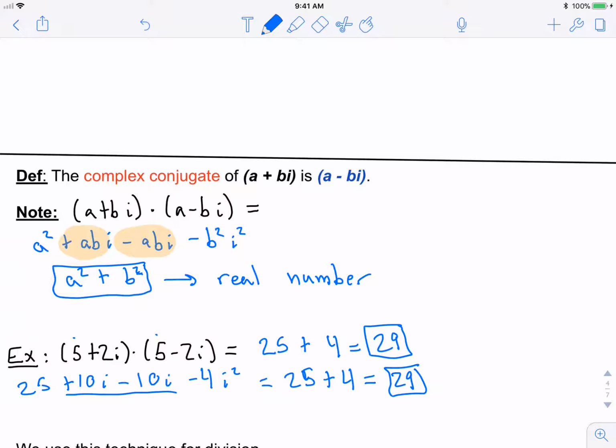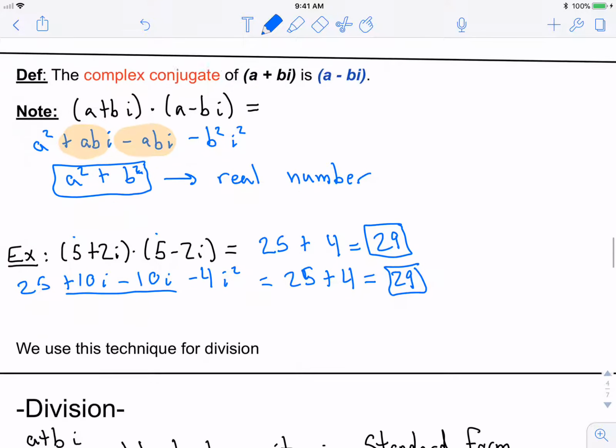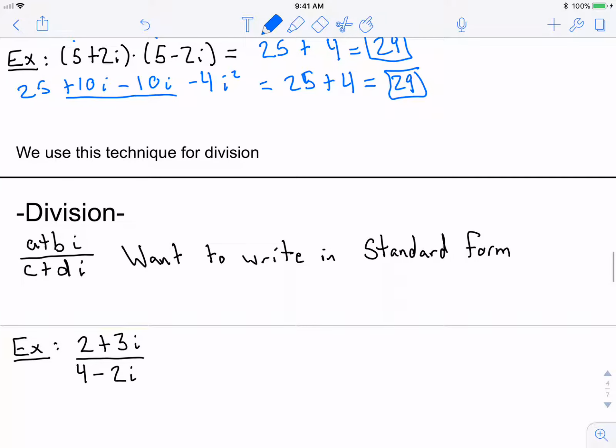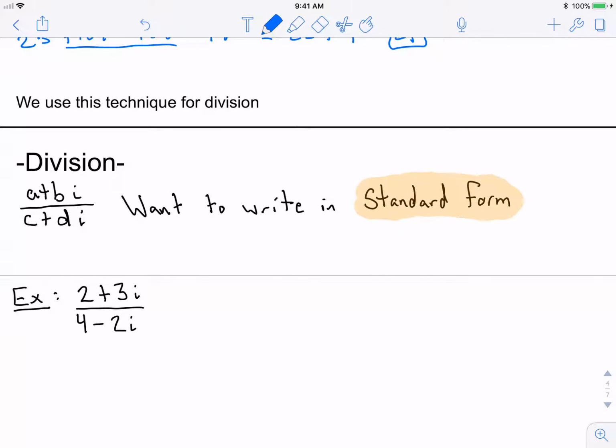All right. So how will we use this technique for division? Well, let's give it a shot. So in general, if we're dividing two complex numbers, it just looks like a plus bi divided by c plus di. And remember, our goal is to write this in standard form. As it stands, it doesn't seem like there's too much we can do. So the trick involves multiplying by the same thing on top and bottom to make this simpler.